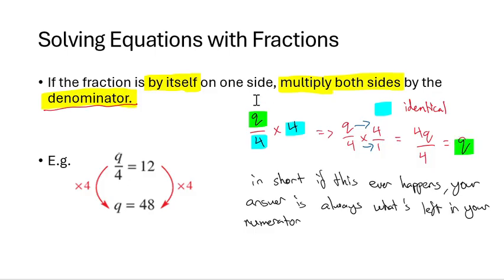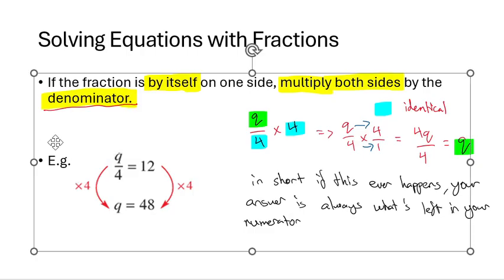Now, if you notice, I started off with q over 4 times 4, and I ended up with just the letter q. So every time this happens, whatever your answer is, where the fraction is, it's just what's in your numerator.